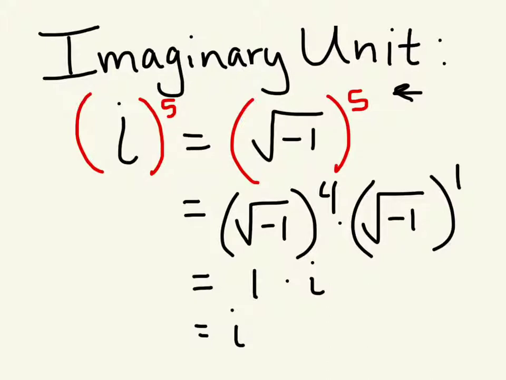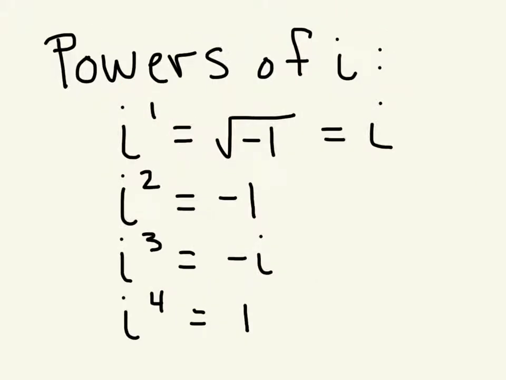So as you can imagine, we're going to repeat this pattern. So we only have 4 distinct powers of i. Let's refer to the list of the powers of i that we already have in our notes. We have that i to the first will just be written as i, i to the second will be written and simplified as -1, i to the third is equivalent to -i, and i to the fourth is equivalent to 1.